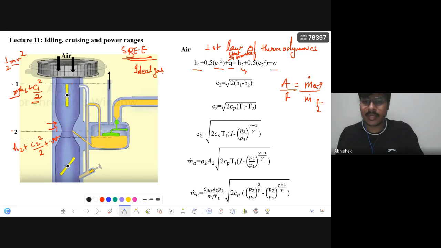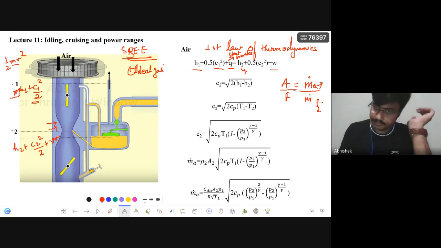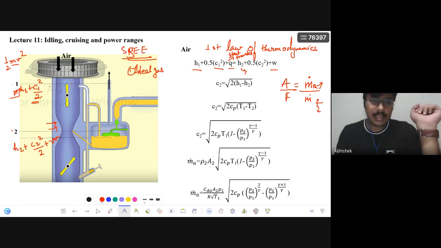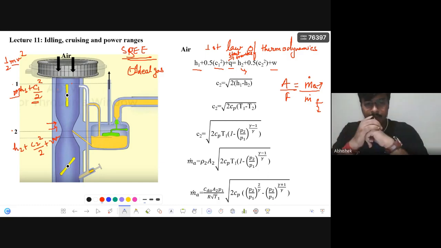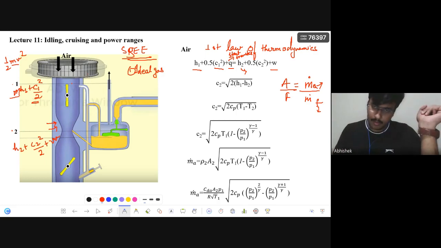So now the next step. One assumption that I've already stated: the first assumption is that this is an ideal gas. Then, is there any heat transfer and work transfer here? Just tell me. No, sir, it's not there. Okay, so q is 0, w is 0.